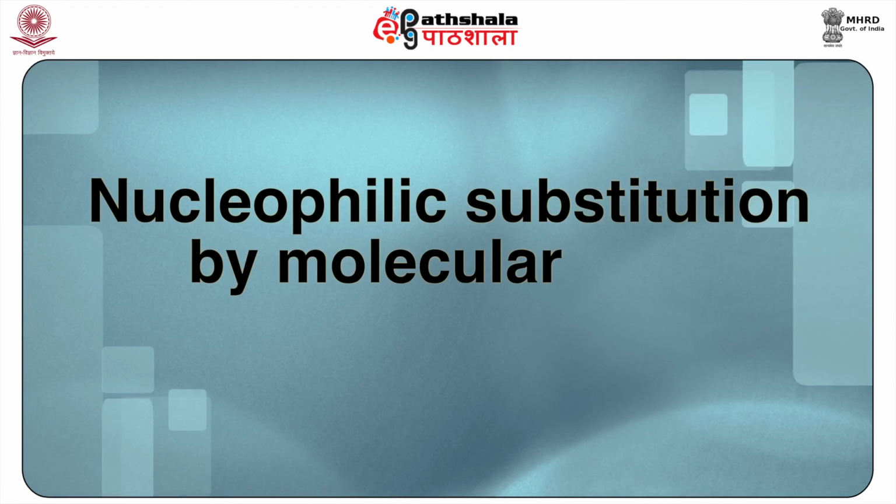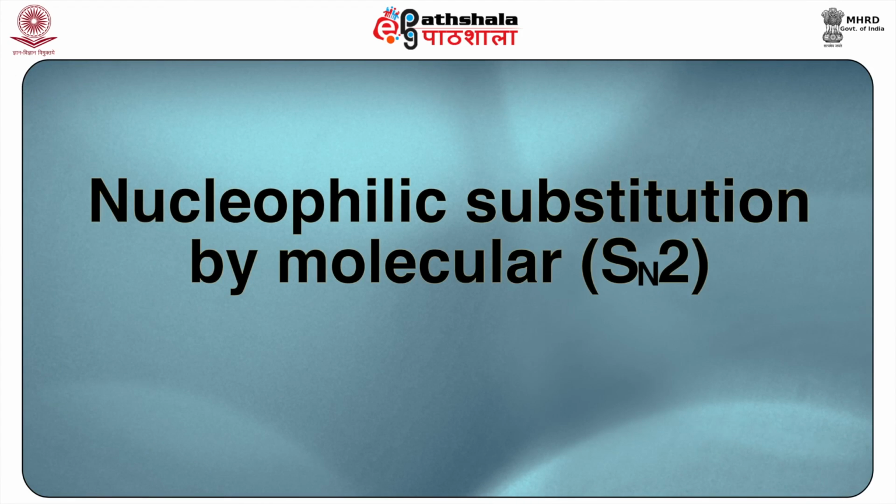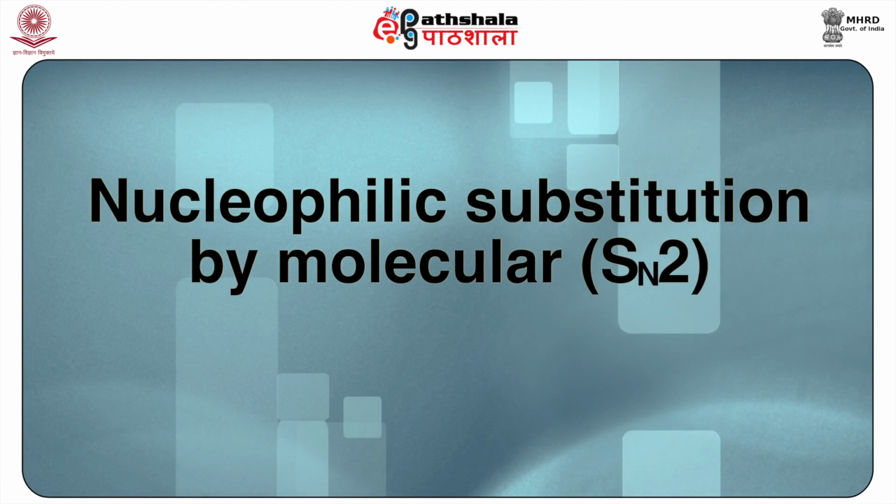Let us now study the nucleophilic substitution bimolecular, which means the SN2 mechanism. In SN2, it is a substitution reaction which proceeds in a single step, or we can say it is a concerted mechanism, and this proceeds via the formation of a penta-coordinated transition state of the carbon atom involved in the attack.